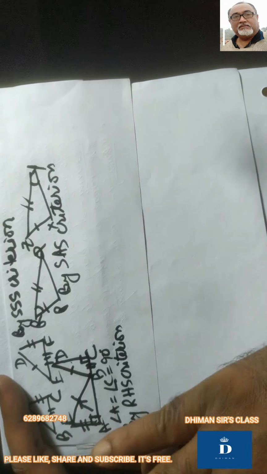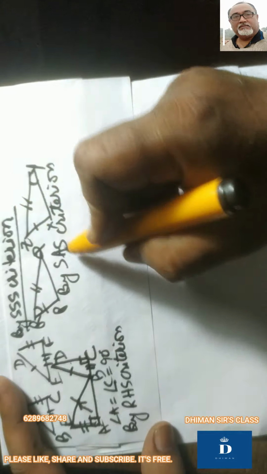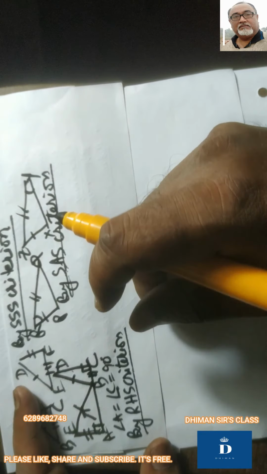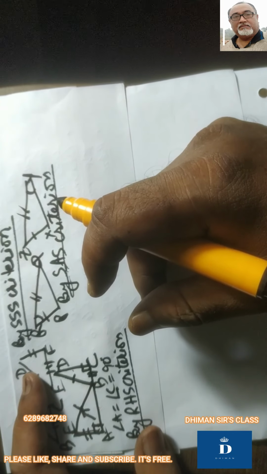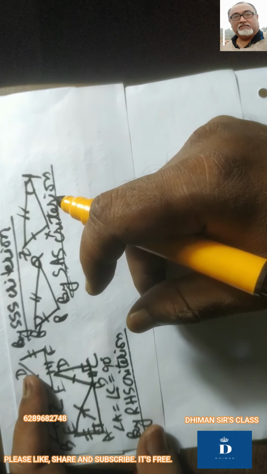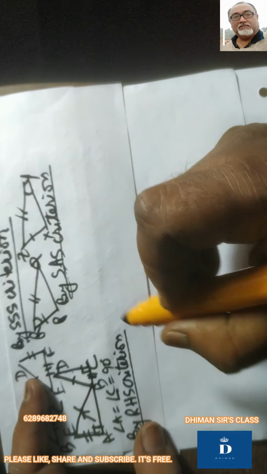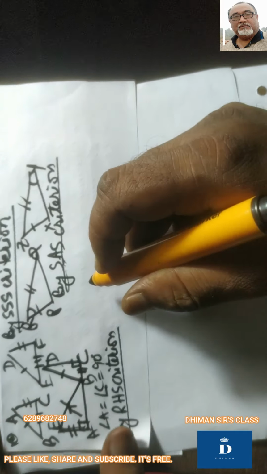Students, all these are explained in my previous video. That is why I told you to go to the previous video, learn about all those criteria for congruency of triangles, then come to this video, otherwise it will become difficult for you to understand.